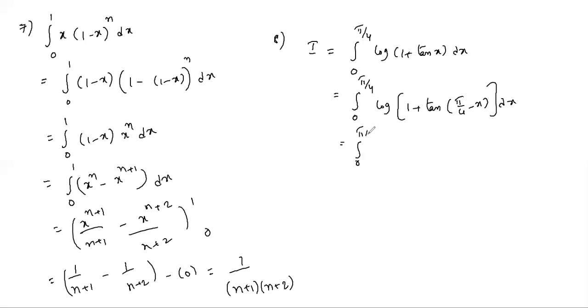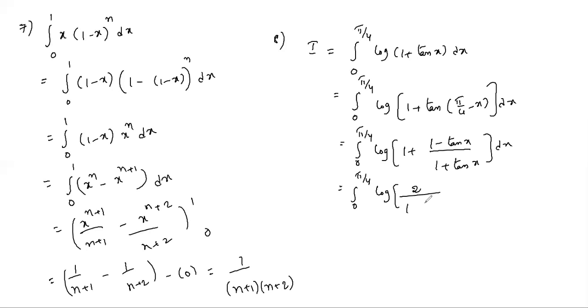Integral 0 to pi by 4 log 1 plus tan pi by 4 minus x is 1 minus tan x by 1 plus tan x. So it is equals to integral 0 to pi by 4 log of 1 plus tan x plus 1 minus tan x is 2 by 1 plus tan x dx.